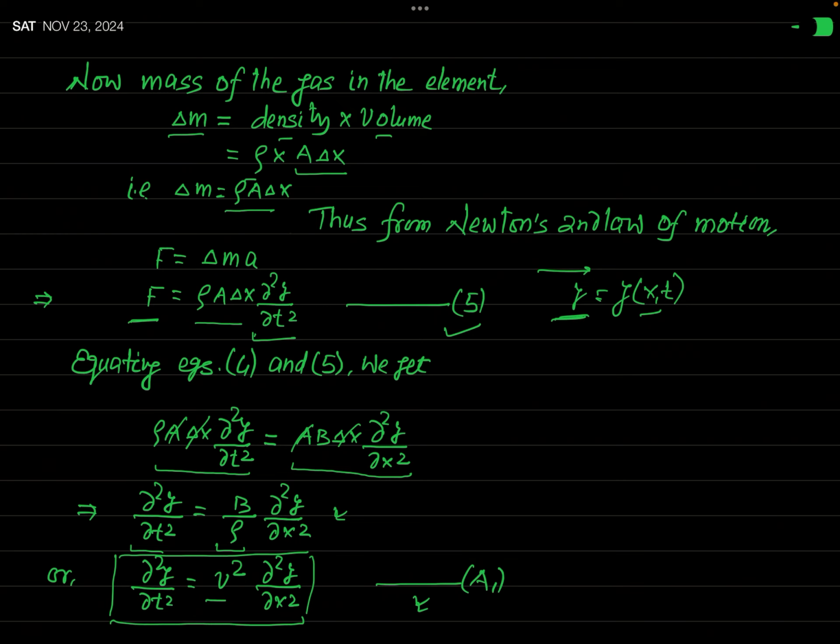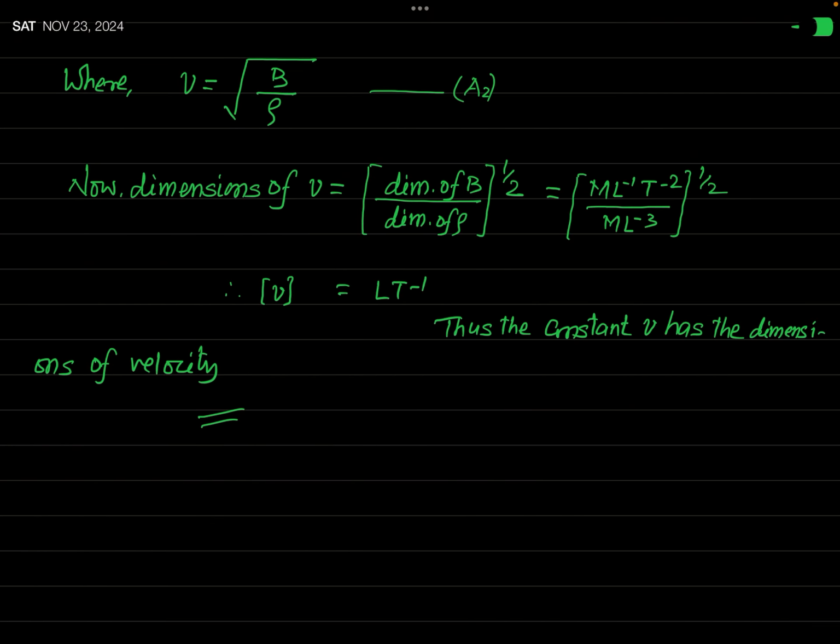But when we see the wave theory, the result will be the same, and then we will say that in this air column, a sound wave, which is a longitudinal wave, travels. So in air, sound wave is a longitudinal wave, and during this vibration, the sound wave actually travels. But here we will not say this. In fact, you will see that this V is equal to the square root of B over rho.